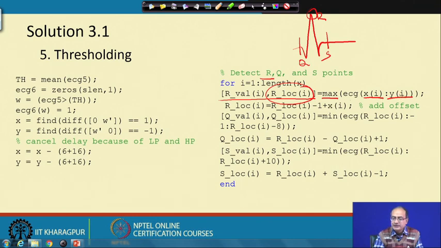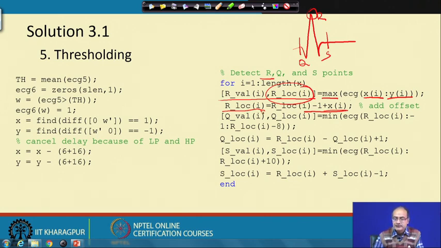So, the location is with respect to the start from xi. If we have to give it a global location, we need to add that offset along with the location. So, we add xi minus 1 to that location. That is how we get the location R underscore location I, which will be aligned with the ECG signal.